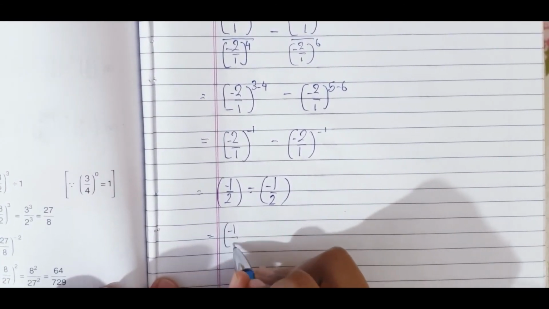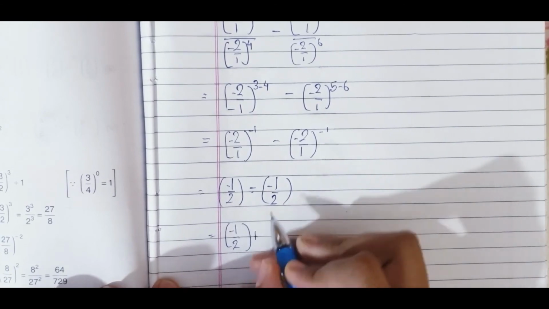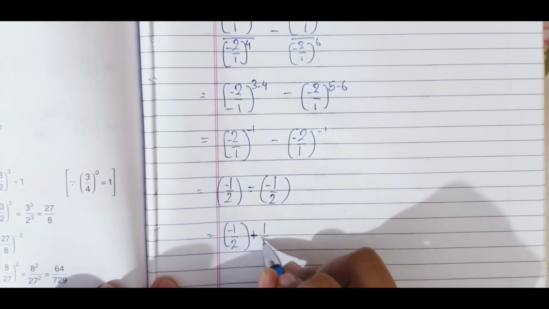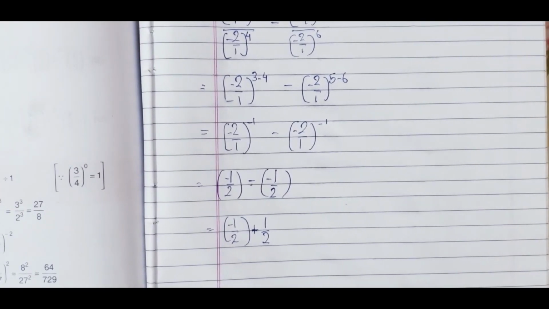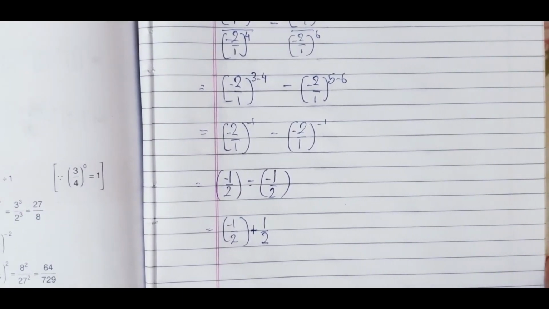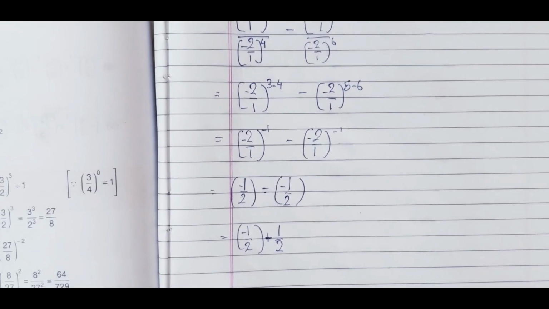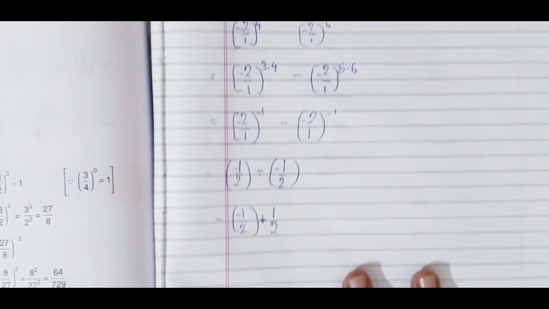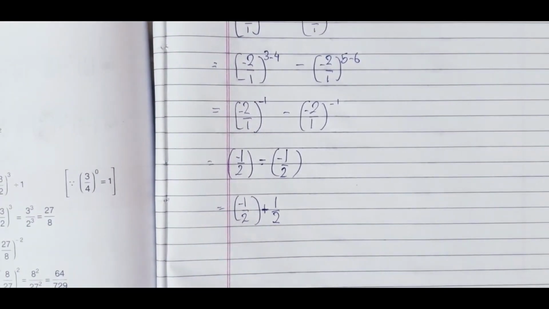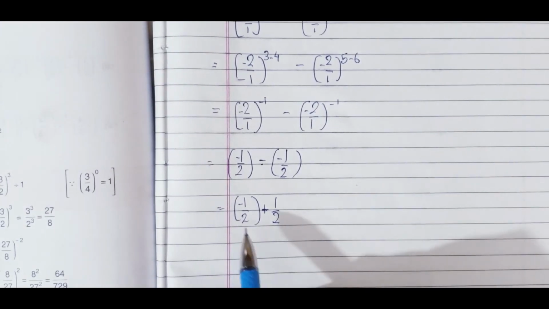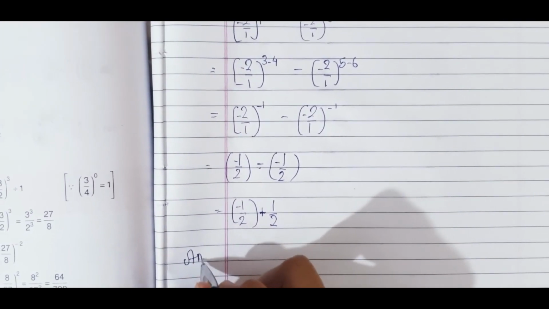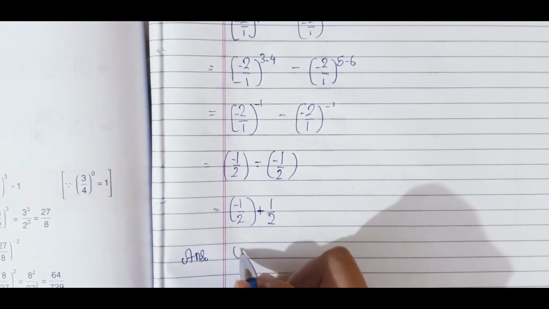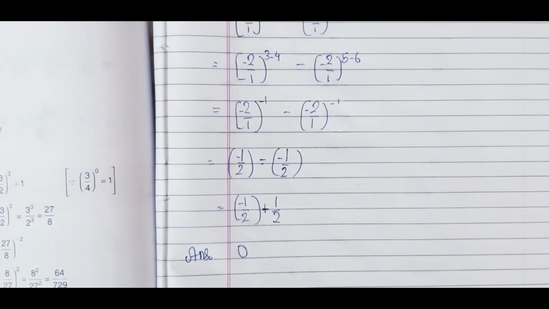So minus half plus half. Any number subtracted by itself, or added to its additive inverse, gives 0. So our answer is 0. So guys, this was our 10th question.